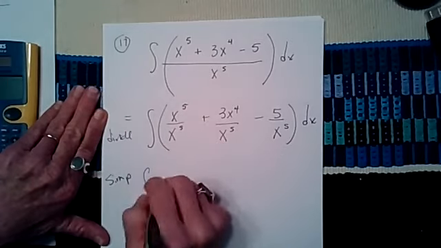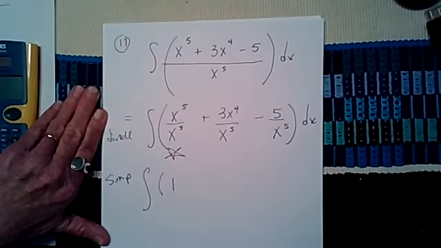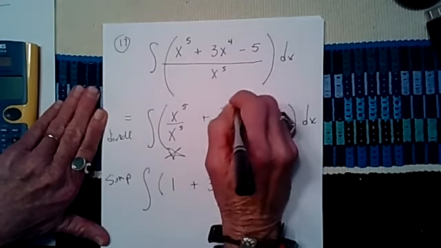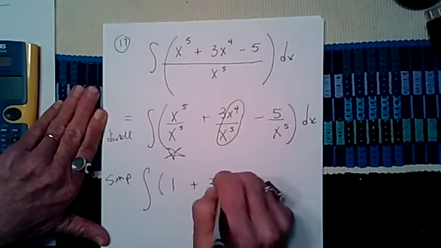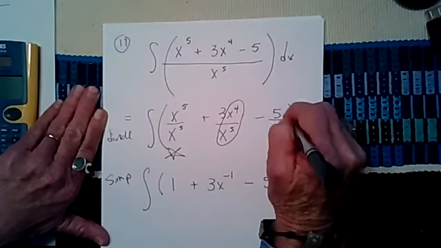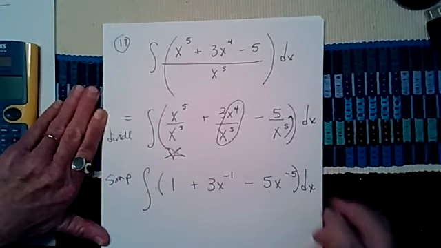X to the 5th over x to the 5th. This is where people miss it. That's a 1, and you have to put it, it's like a placeholder. Plus 3x. 4 minus 5, you subtract your exponents, minus 5, and then you bring this one up, x to the -5. And now you apply your rules.